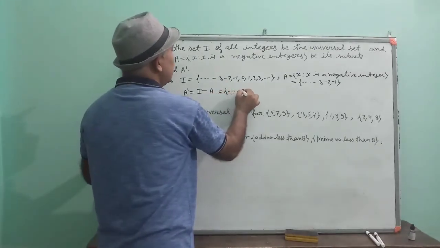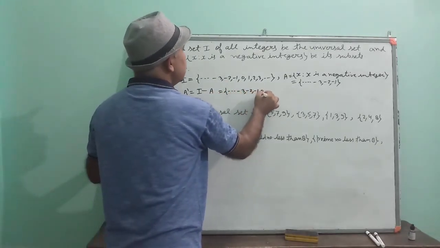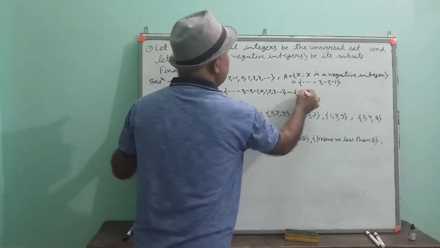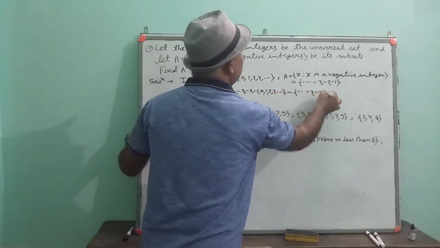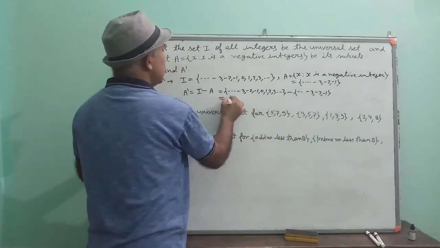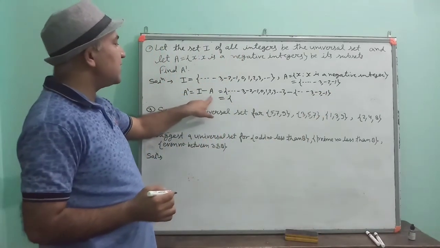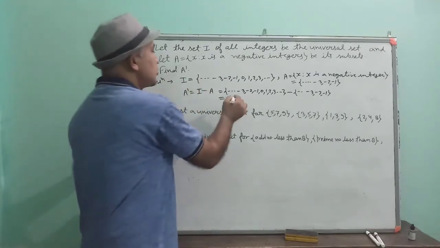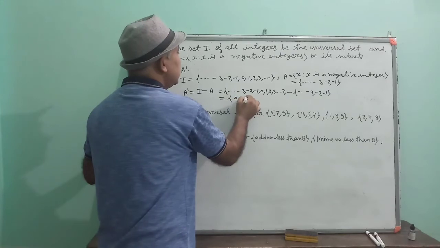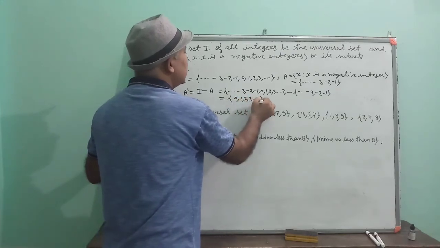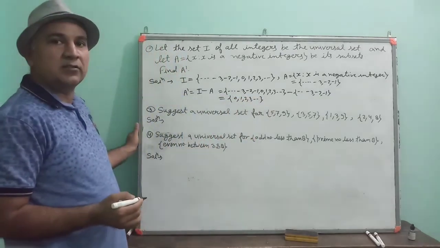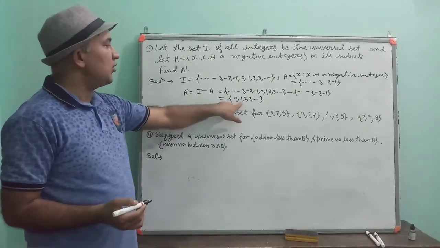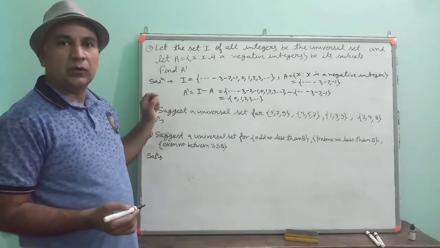I means all the integers, minus A, which is all the negative integers. Now what is the meaning of I minus A? All the elements of I which are not in A. So you are watching that 0 and all the positive numbers are not in A. Is this clear? So A complement will be 0, 1, 2, 3, 4 and so on.